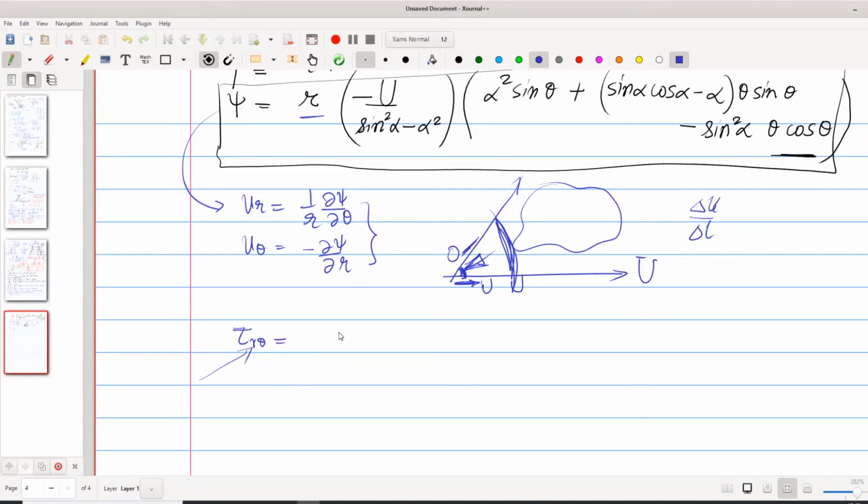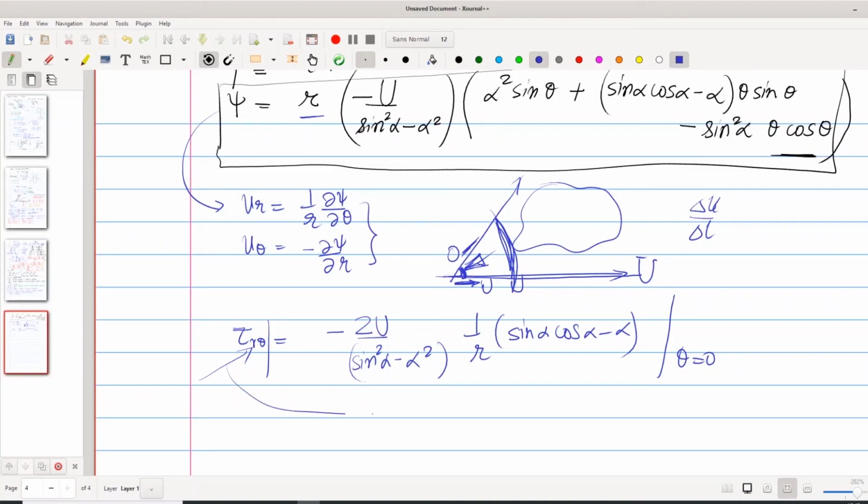So τ_rθ, I am writing down the direct solution, is minus 2u by (sin²α minus α²) multiplied by 1/r (sin α cos α minus α). This is when you substitute θ equals 0. So at θ equal to 0, essentially at this plate, this is the expression for the shear stress.